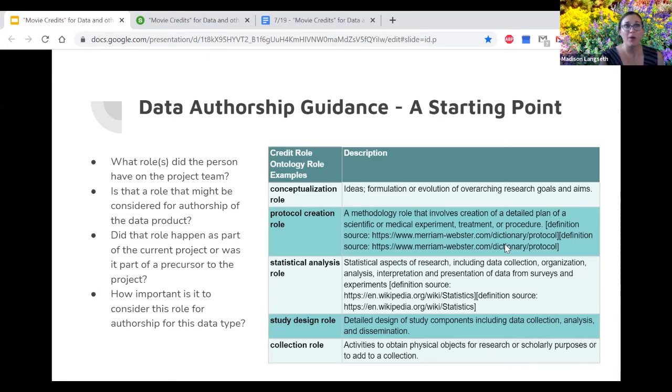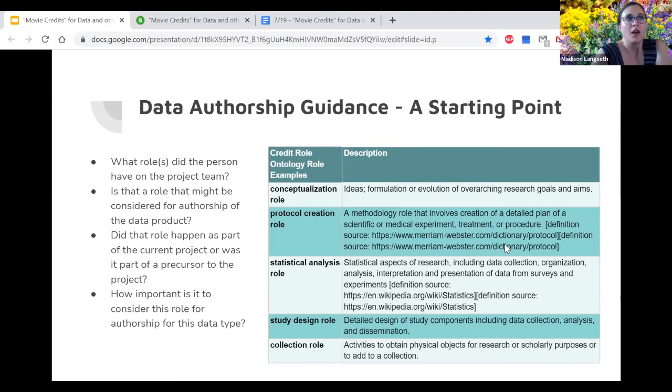Even if the website that is maintained is relevant to the data product, we see that role in and of itself as not necessarily qualifying for authorship of the data product. So that gives you an idea of some of the roles that we trimmed off of the ontology.